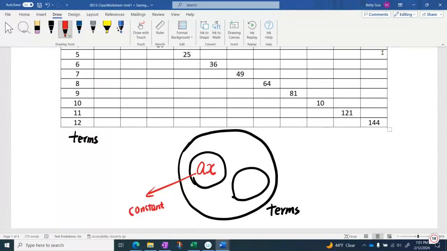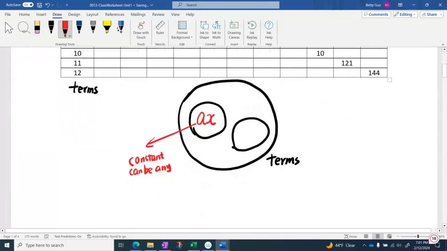The number could be positive, could be negative, could be zero, could be a fraction, could be a decimal, could be rational, could be irrational. So A here could be any real number. Let me scroll down a little bit. Yeah, any real number.